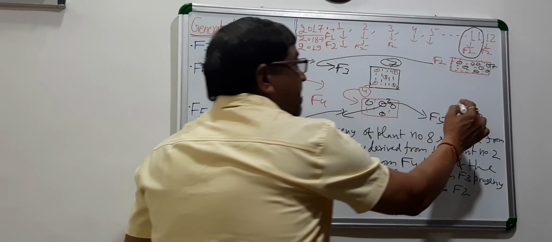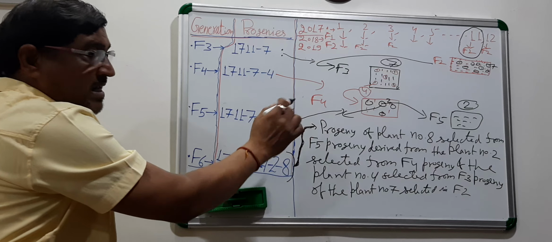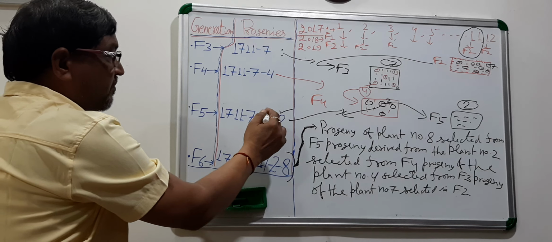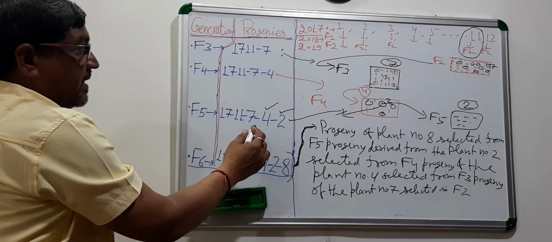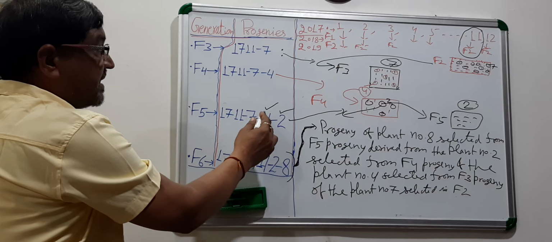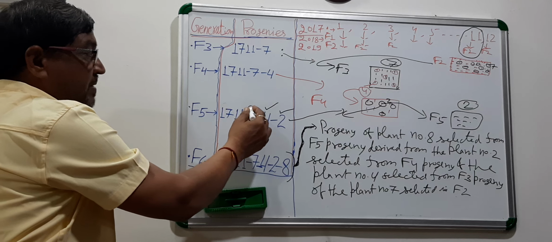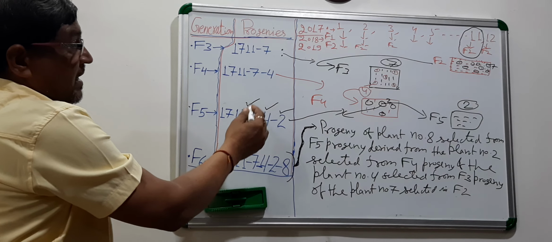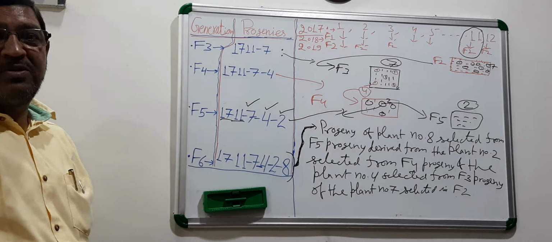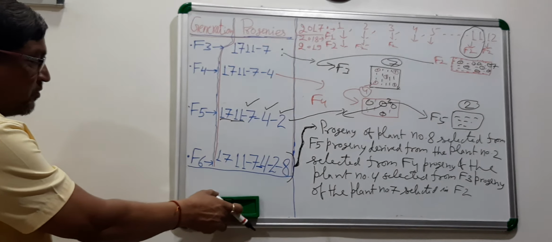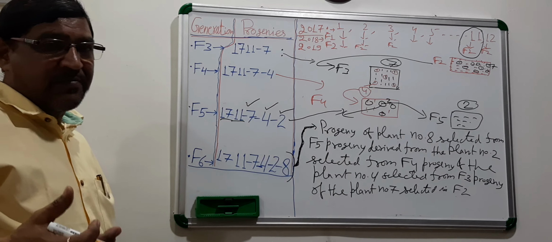This is all progeny of plant number 2 selected in F4 generation from progeny of plant number 4 selected in F3 generation from progeny of plant number 7 selected in F2 generation of cross number 11 made in the year 2017.